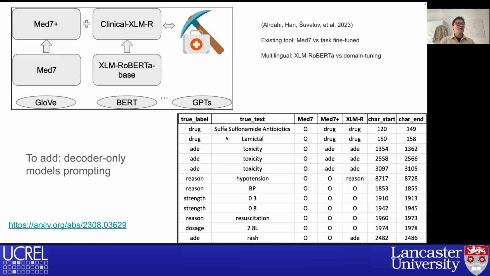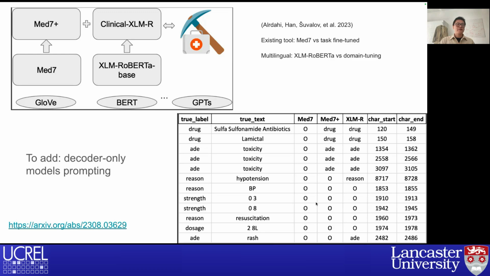And for the second paper, about medication mining, we fine-tune Med7, the tool people use for medication mining, and multilingual RoBERTa. After fine-tuning using around 20,000 lines or sentences, it performed much better than the base model.